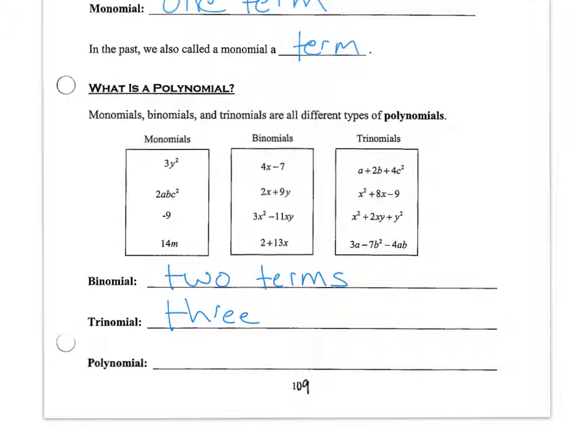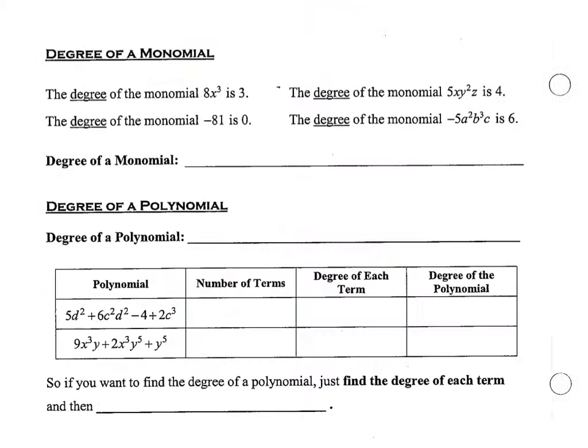So you can look at the examples on this page. And then, like we said a second ago, a polynomial has many terms. Not a specific number, okay, but more than 2 or 3. Well, a binomial is a type of polynomial, okay? But a polynomial is just non-specific. It's got any number of terms. All right, flip the page.